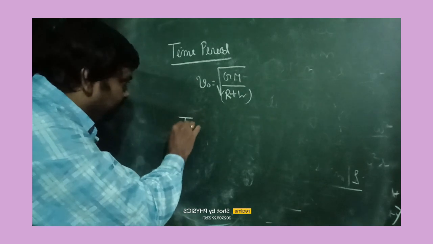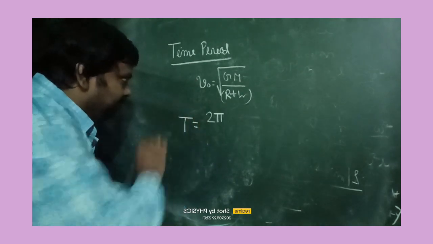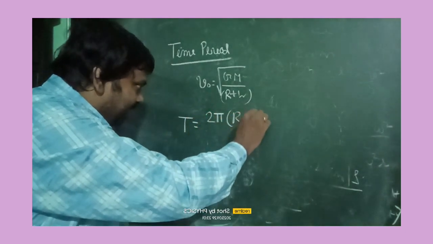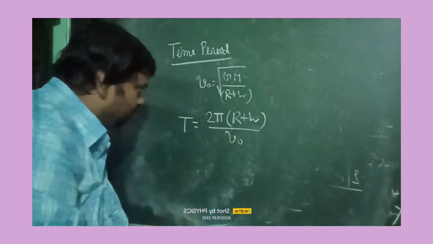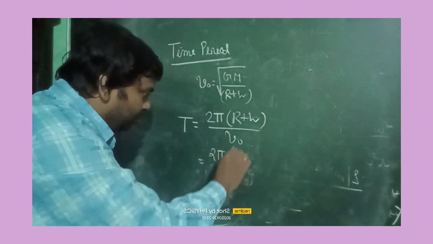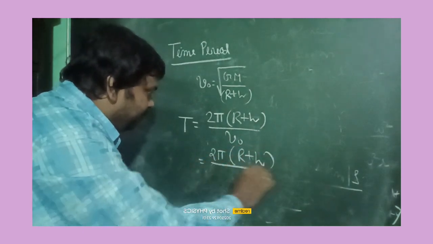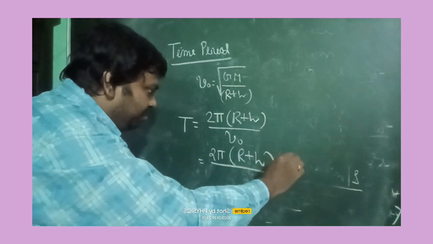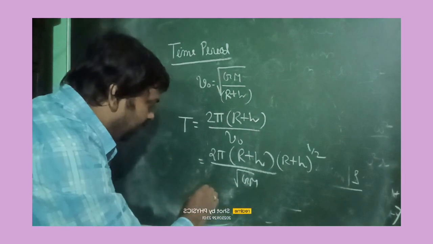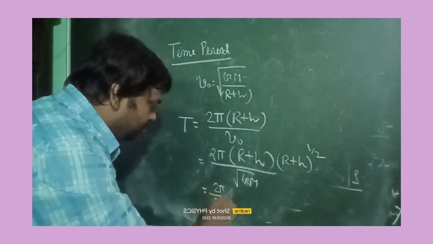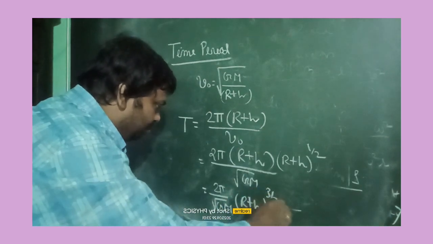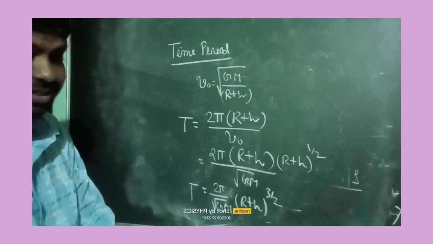Now the time period T is equal to 2 pi into radius, which is (R plus h), by v0. So putting v0, we get 2 pi into (R plus h) by v0, which is (R plus h) to the power half divided by root GM. So we have 2 pi by under root GM into (R plus h) whole to the power 3 by 2, which is the expression of the time period for the artificial satellite.